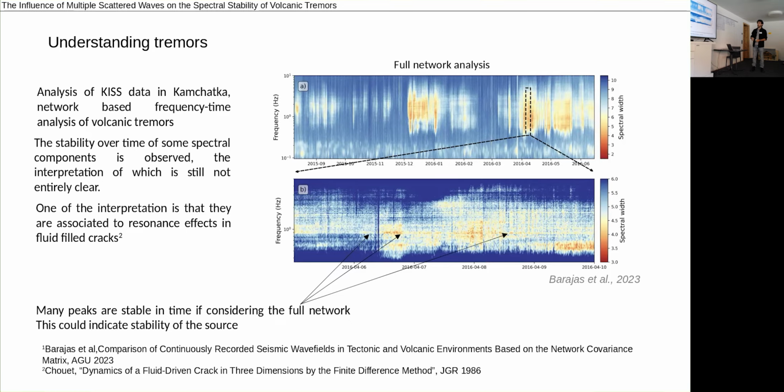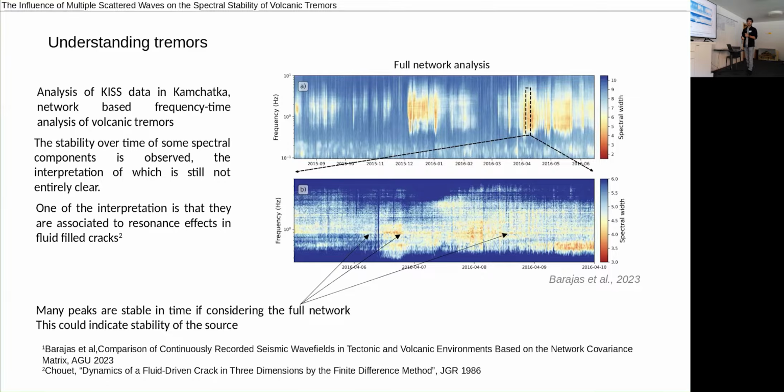The current understanding of this consistency relates them to resonance effects in fluid-filled cracks, which means that it's something extremely local related to the source area. So there are some local resonances in the source area.